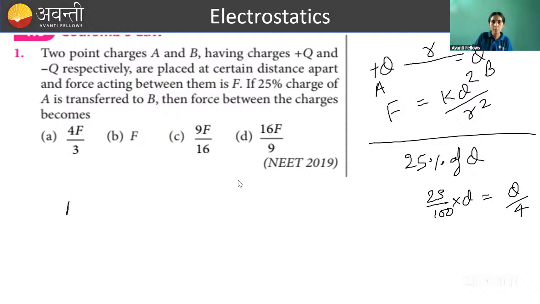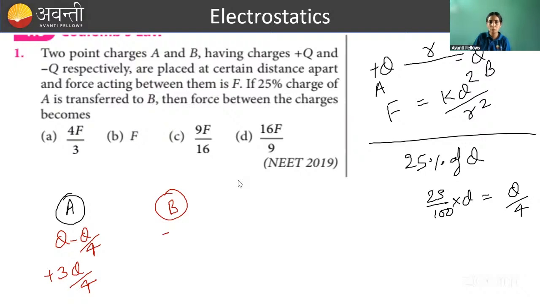Done है? तो मैंने ये बोला कि A के पास what will be the value of new charge left? It has lost Q by 4. Q minus Q by 4 करोगे, you will be getting plus 3Q by 4, right? What will be the charge remaining with B?